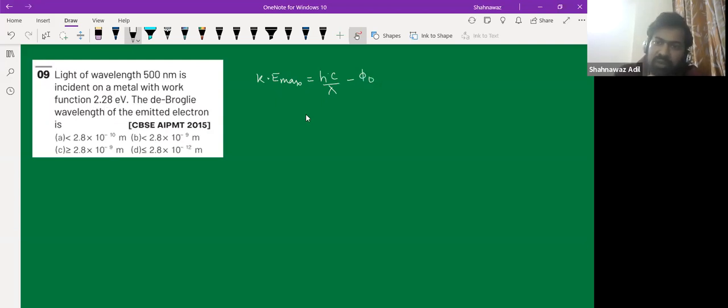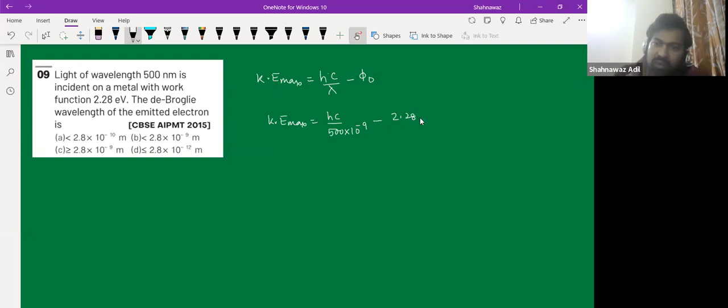So KE max is hc by lambda, with lambda equal to 500 nanometer, and nanometer is 10 to the power minus 9 meter, minus the work function of 2.28 electron volt.